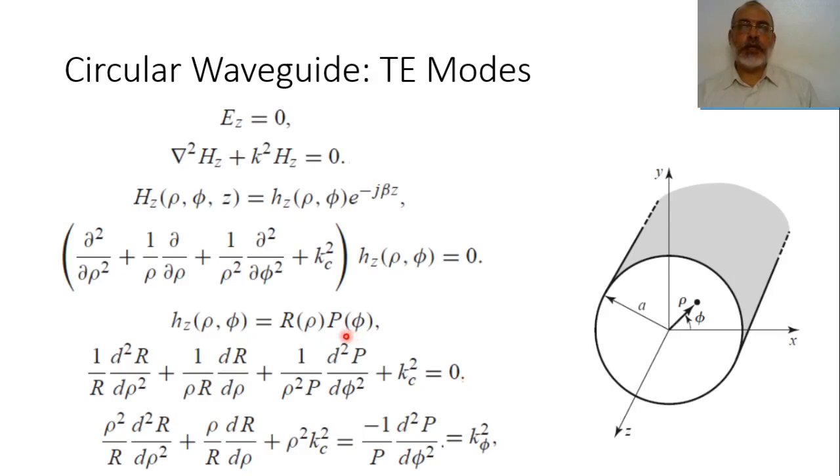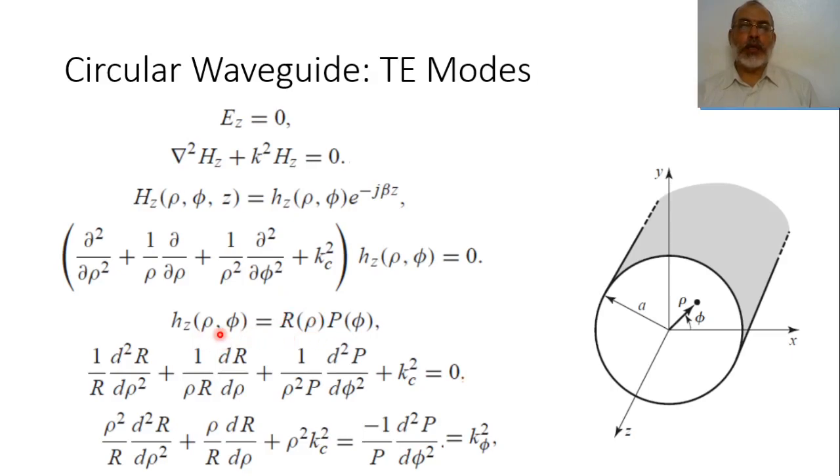So the derivative of Hz with respect to rho will correspond to the derivative of R with respect to rho while B is constant. On the other hand, the derivative of Hz with respect to phi would correspond to the derivative of B with respect to phi while R is constant.